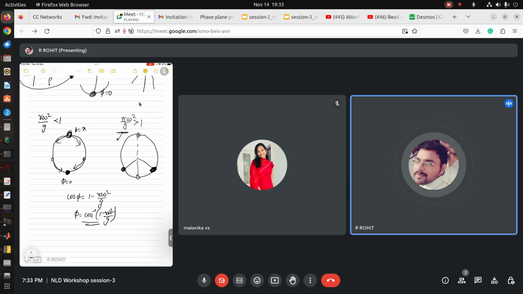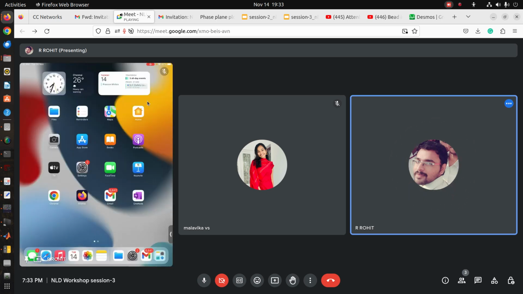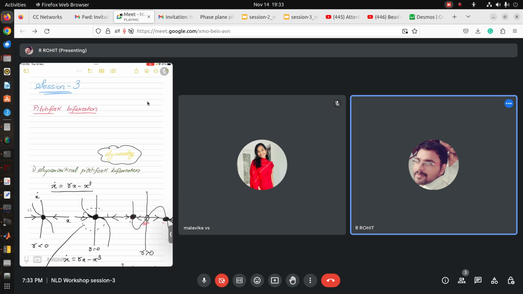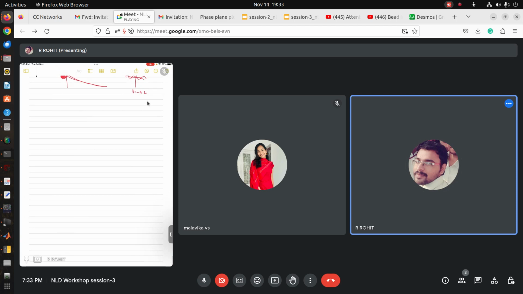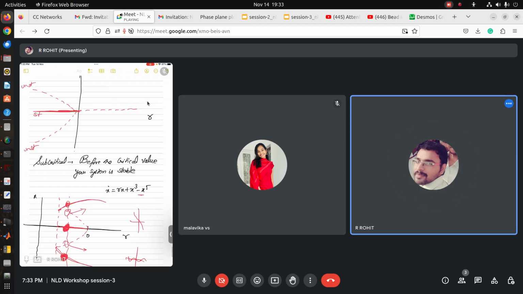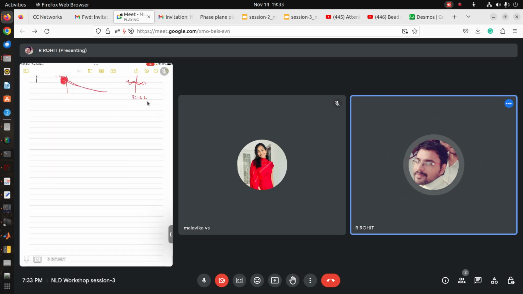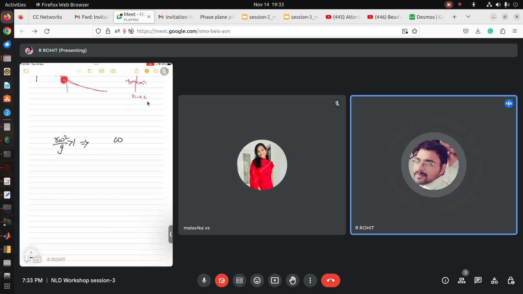So if you observe this, any fixed point here will try to come down like this. Since now r omega square by g is greater than 1, physically this means that omega is large.